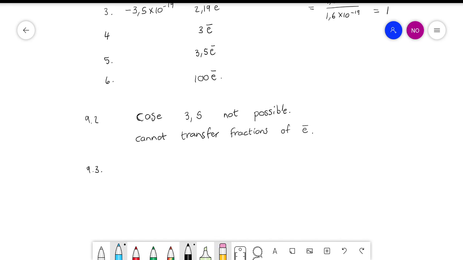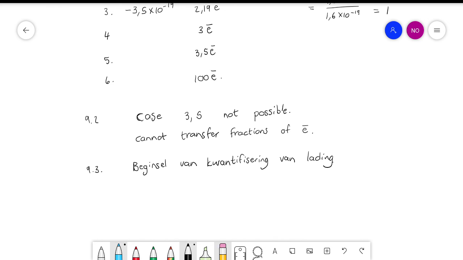And then for 9.3, I want you to write in brackets there next to it, it's on page 129. You will see there's a block on page 129 that says die beginsel van kwantifisering van lading, en binne in daai blokkie staan daar: elke lading in die heelal bestaan uit heelgetal veelvoude van die lading van 'n elektron.